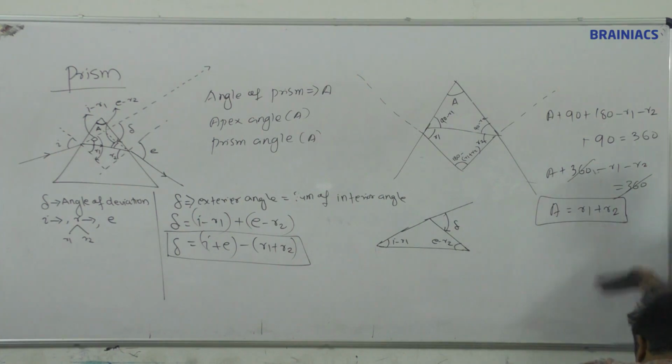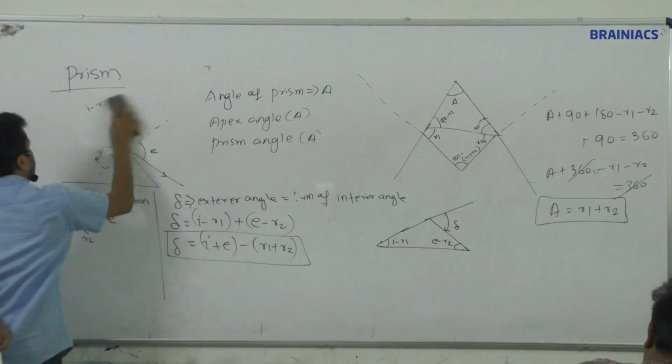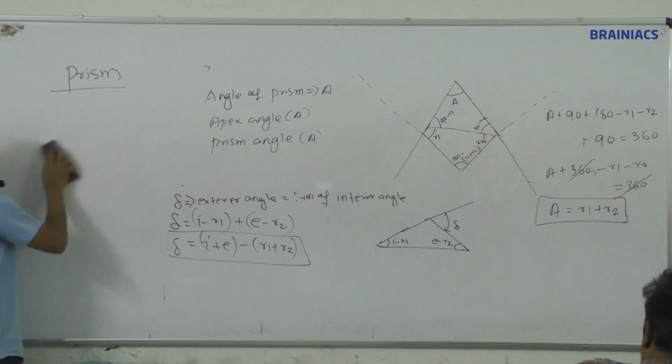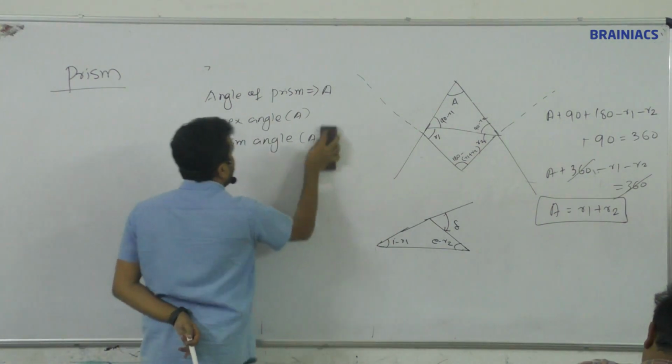Prism angle is equal to the sum of the two internal angles R1 and R2.